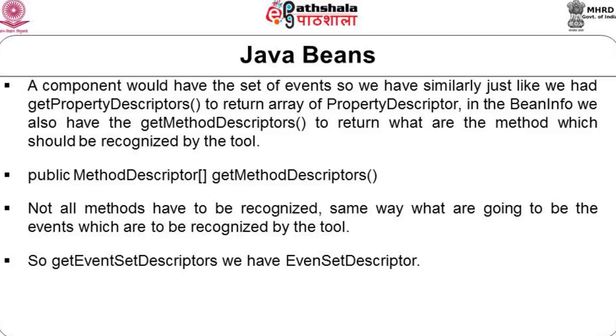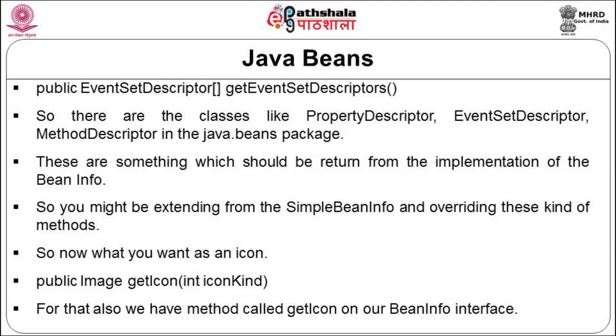Same way, getEventSetDescriptors returns the events to be recognized by the tool. These classes, PropertyDescriptor, MethodDescriptor and EventSetDescriptor, are in the java.beans package, and they are returned from the implementation of bean info. So you might be extending from SimpleBeanInfo and overriding these methods.